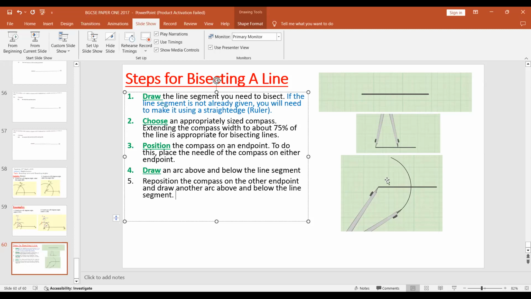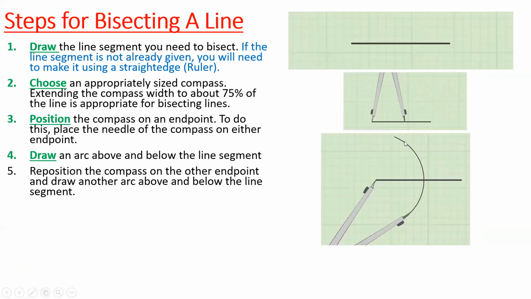So the first time that we draw an arc, it comes in this direction. And what we're gonna do now is draw another arc, and the arc is gonna come like this. All right, you're gonna draw another arc, and it's gonna come like that. Okay, so let's go ahead and do that.